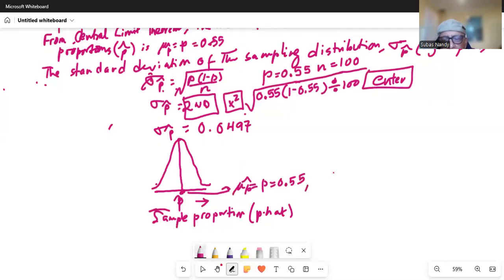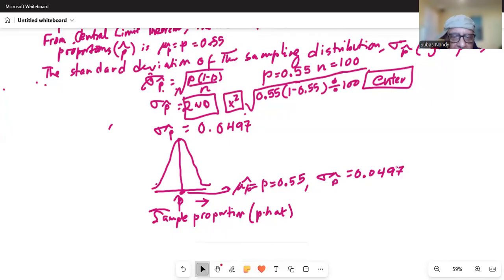And sigma p hat we calculated is 0.0497. Now the question asks: what is the probability that more than 60% of British firms will be affected by cyber attacks?